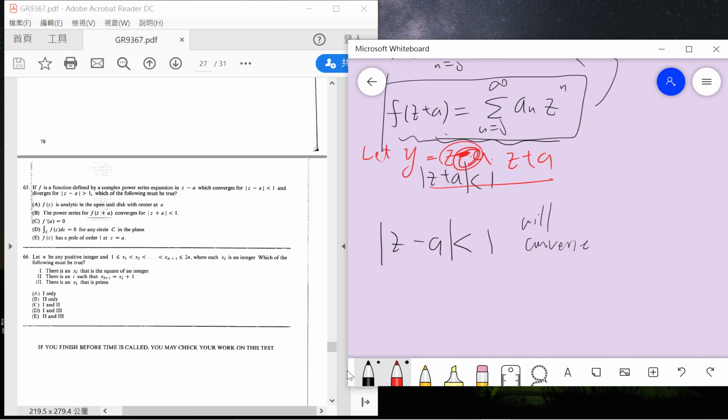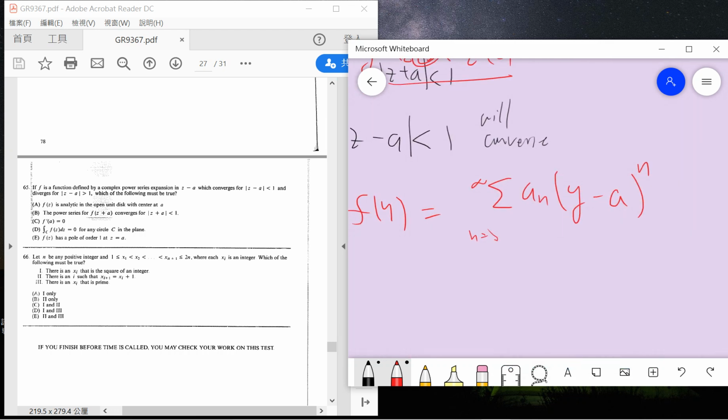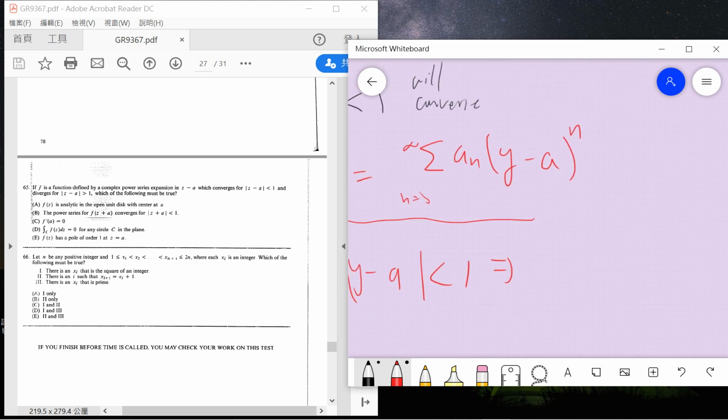So this is f of y, the sum from n of the series in y minus a to the n. From the beginning we know that this will converge. But y is z plus a, so this converges with the absolute value of z smaller than 1, because y is z plus a.